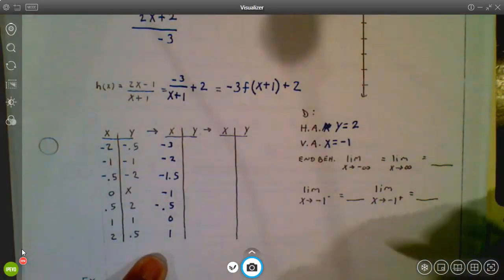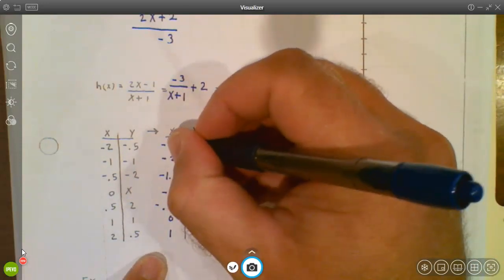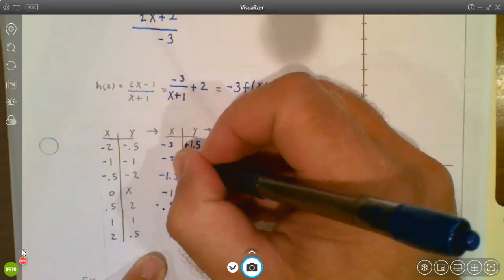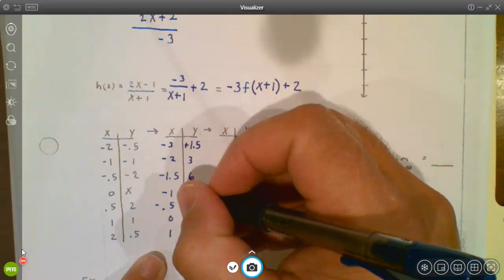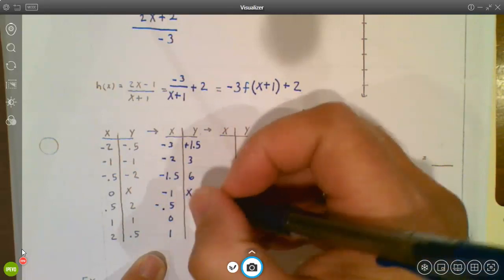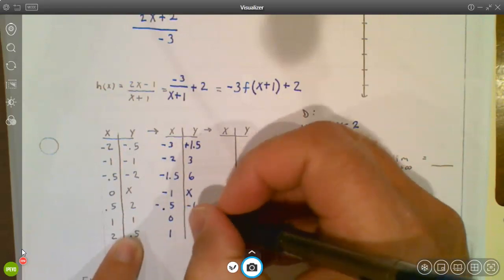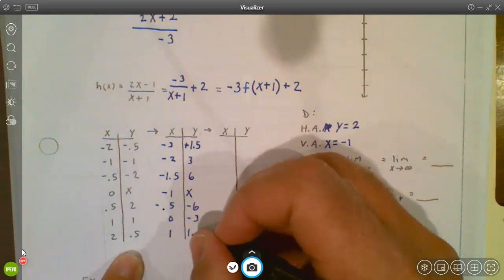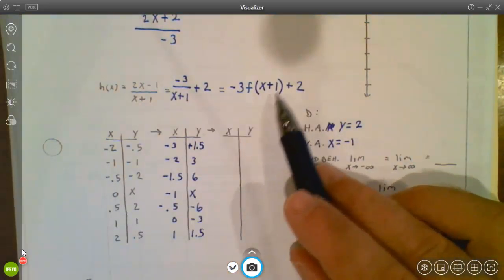So that becomes those. Multiply these guys by -3. So that one still is a no-go. All right, so that takes care of both of those.